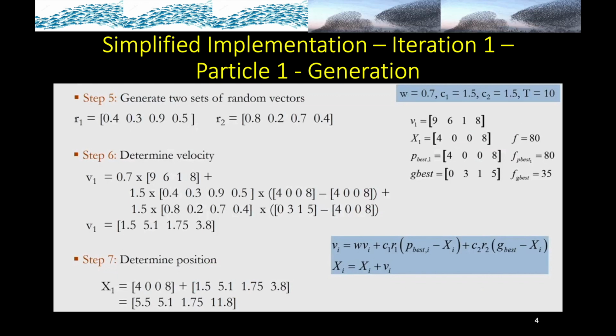Now we can fill in the v1 value into the equation to determine the new position x1, which is 4008, the older position. You add to it 1.5, 5.1, 1.75 and 3.8, and the new values are 5.5, 5.1, 1.75 and 11.8.